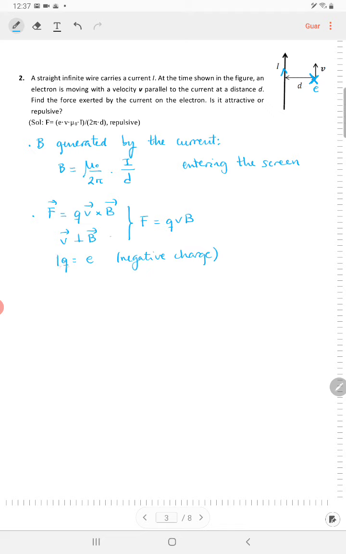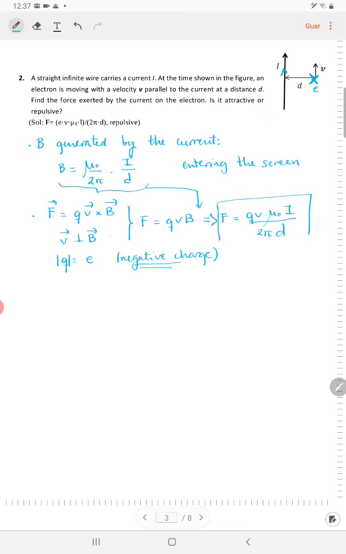For the modulus, we just bring our knowledge of the magnetic field provided by the current. So the force in modulus is going to be Qv times mu sub 0 I, the current, divided by 2 pi d, the distance.